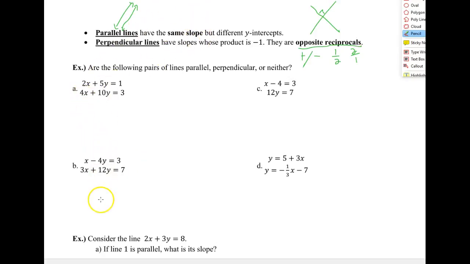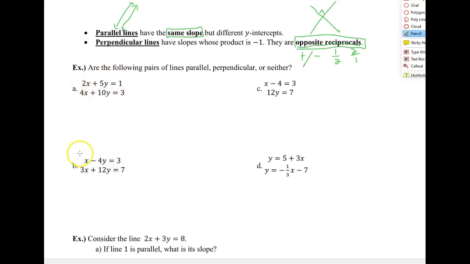In this first example, it asks us to find if the lines are parallel, perpendicular, or neither. If they have the same slope, we know that they're going to be parallel. If they have opposite reciprocals, then we know that they will be perpendicular. If it's neither one of those, they're not parallel nor perpendicular.